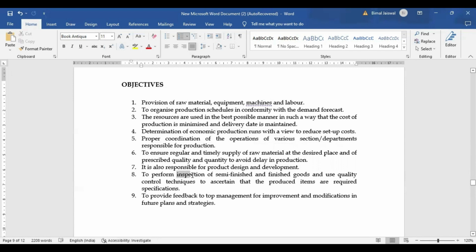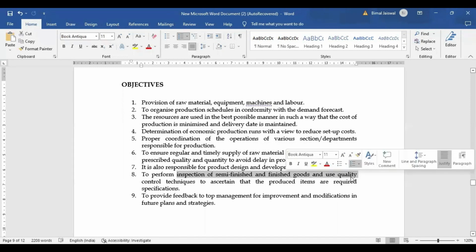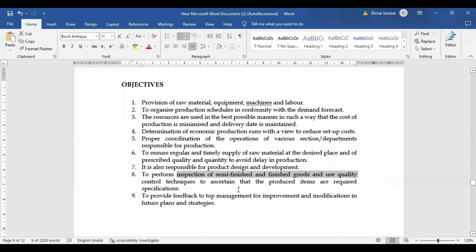The objective will be to perform inspection when the goods are semi-finished and when they are finished. We can make use of various statistical techniques, control techniques that we call SQC, statistical quality control, which will help us in controlling the quality of the product while they are in production, as well as when they are received in the inventory.